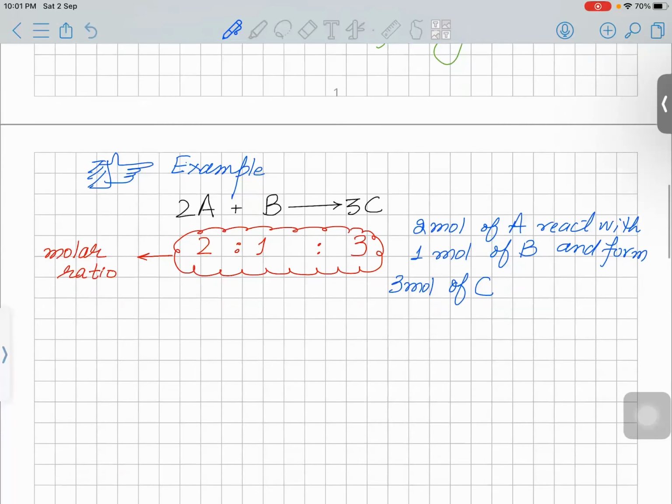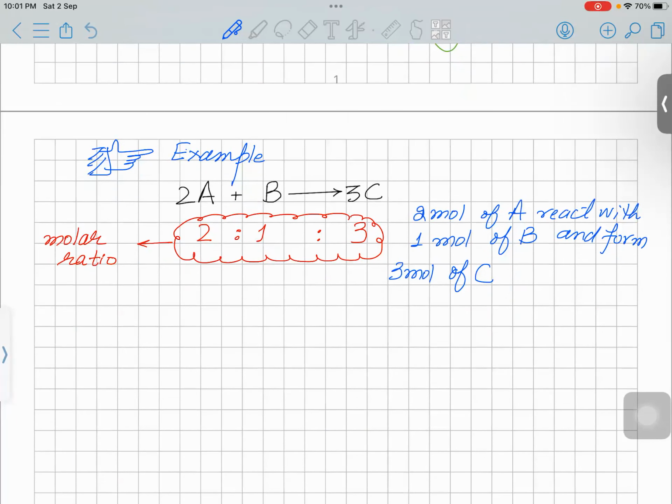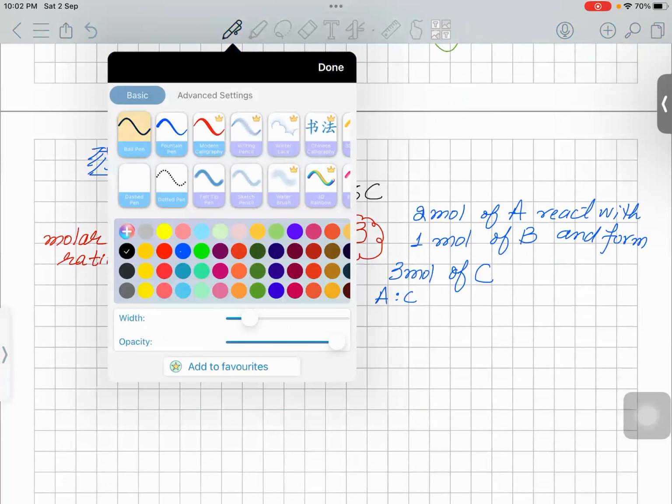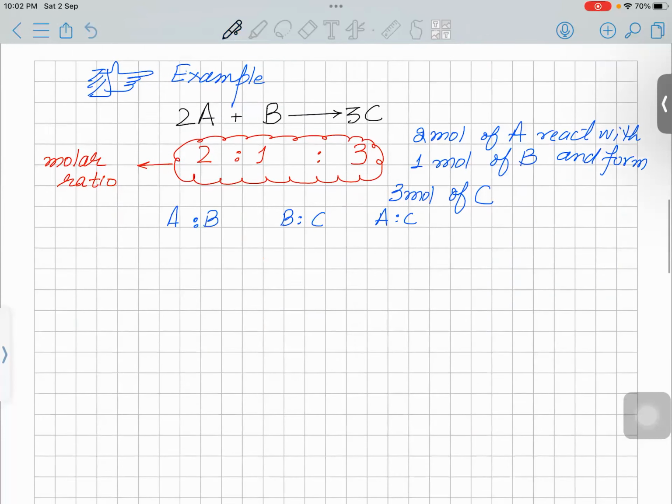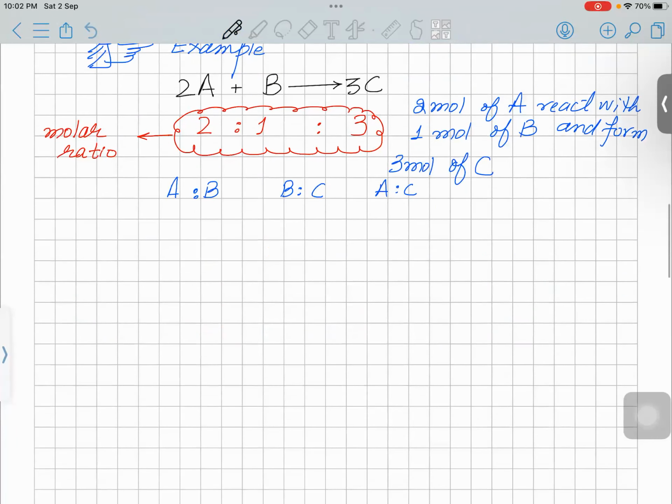Now, A ratio B, B ratio C, A ratio C. Can you tell me the ratio between A and B? Sir, 2:1.